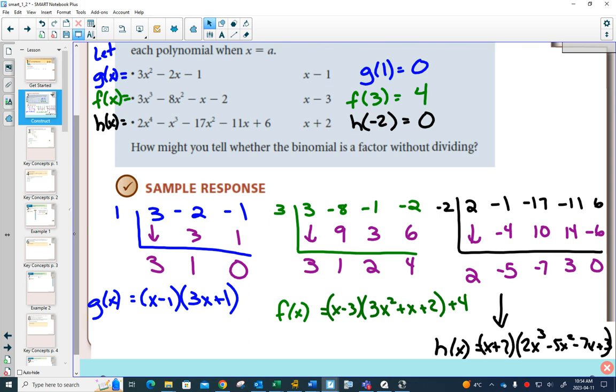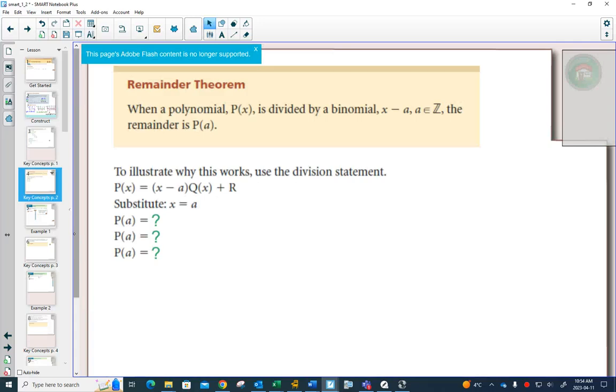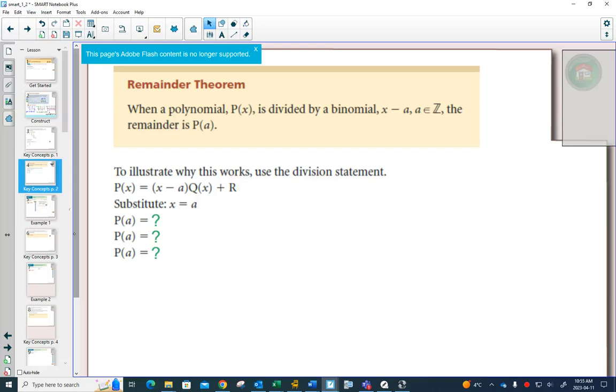Being able to do this is called the remainder theorem. And it's at the bottom of your next page. It says when you're dividing by x minus anything, if you plug that into your original polynomial, the answer that you get is equal to the remainder.